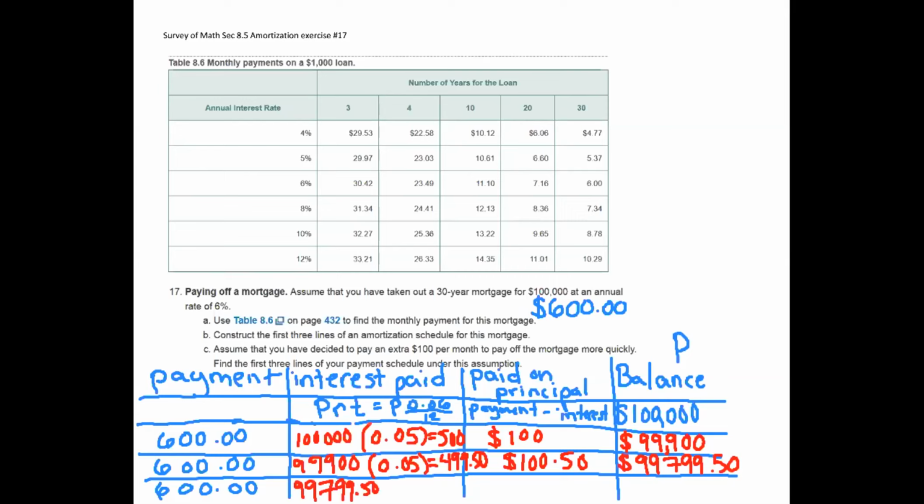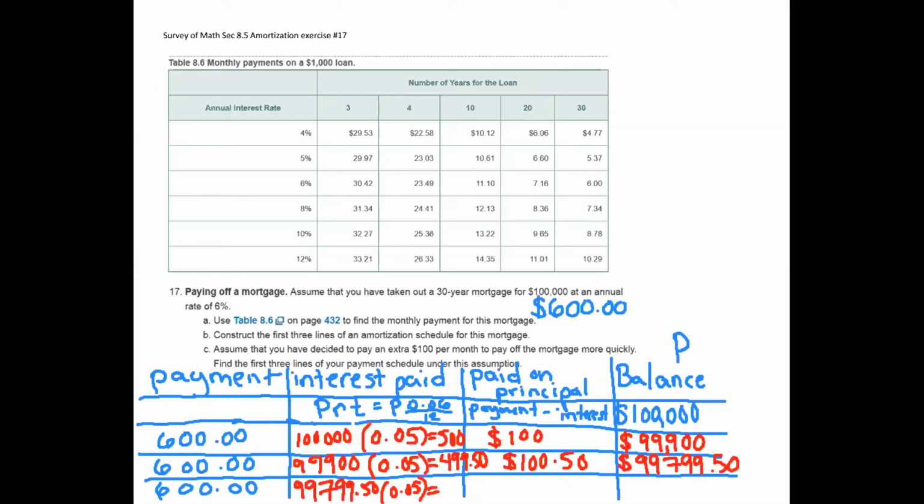That's our new balance. We'll multiply that by the R over M, or RT, where T itself is 1 over 12.